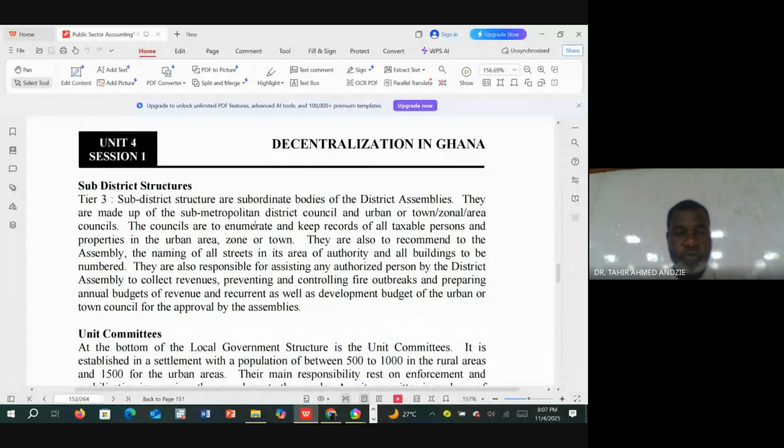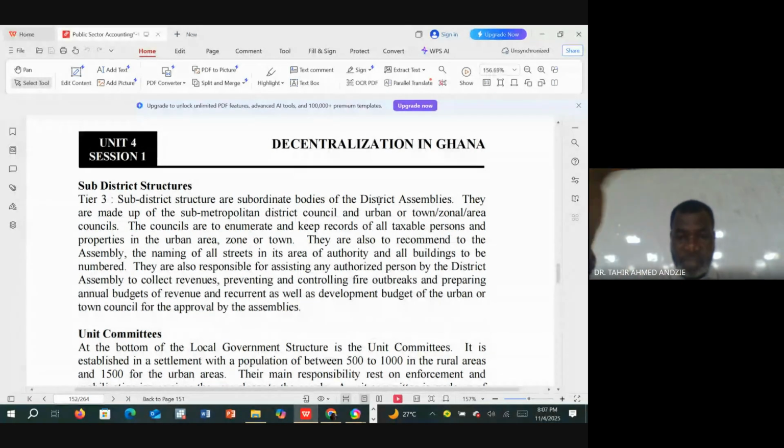Then we have the sub-metro as the next unit. So the sub-metro is the third tier. The sub-district structures are subordinate bodies of the district assemblies. And remember that under the district assembly level, we have the metropolis, the municipal and the district assembly.